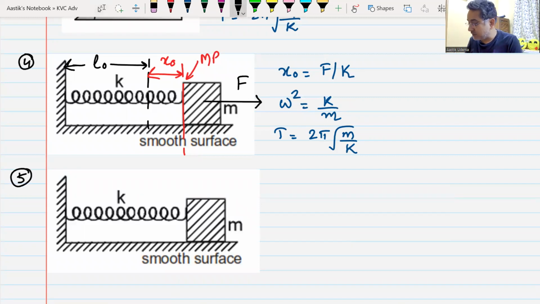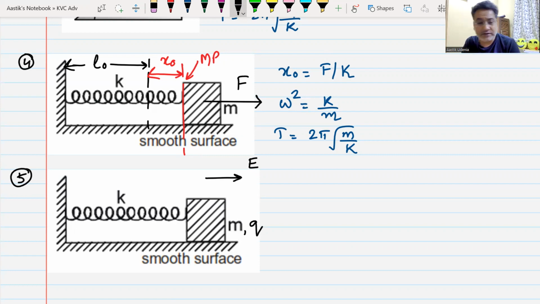Now I have a spring of spring constant K. This has a mass M and a charge Q, and this is placed in an electric field. I know that you don't know what an electric field is, but I hope you know this much at least. Now I place it in a uniform electric field E. Will the particle execute SHM?